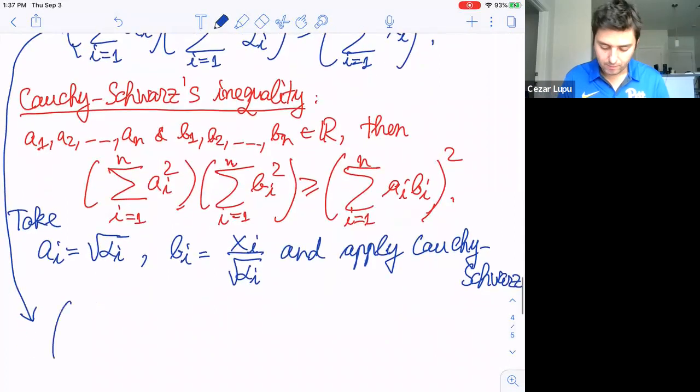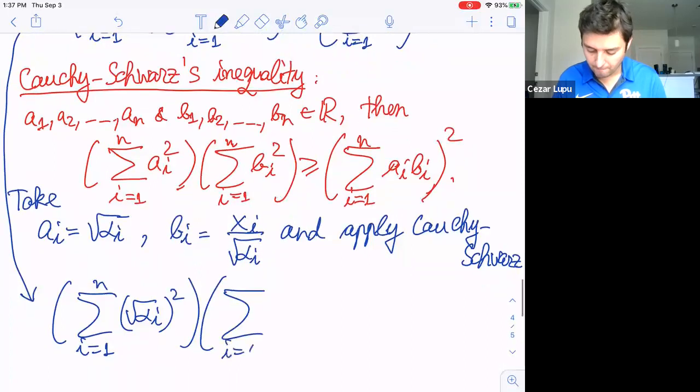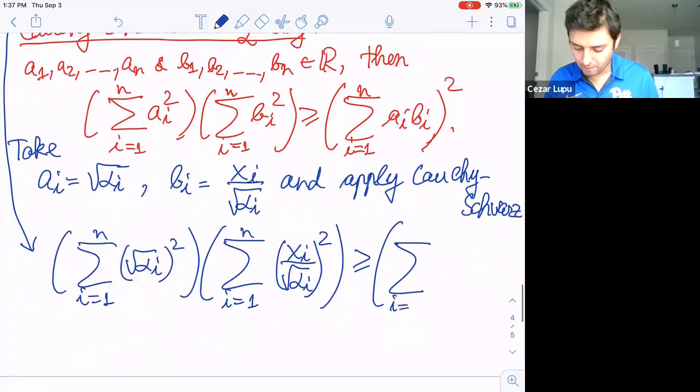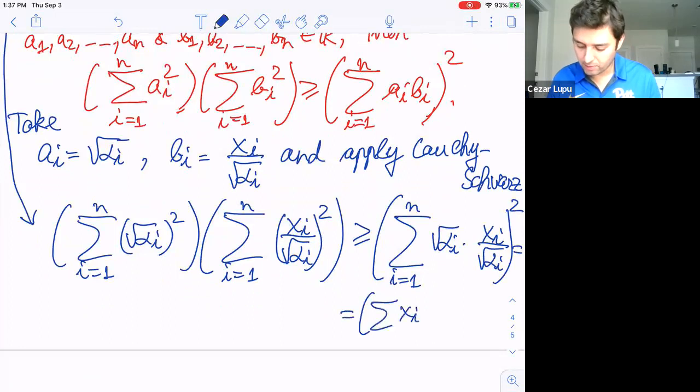You have the sum of the square root of alpha I squared, times the sum of xi over the square root of alpha I squared, which will be greater or equal than this squared, which is nothing else than just the sum of xi squared. That's it.